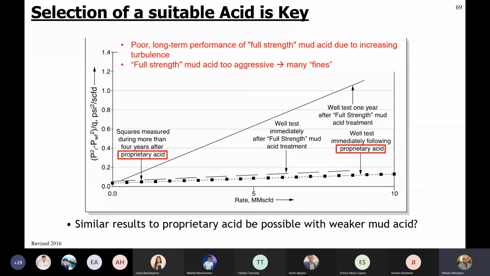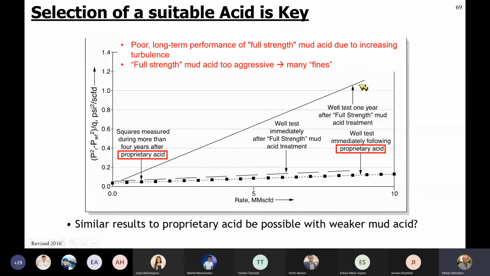So this is the full strength mud acid effect. So at some point after one, the effect of mud acid is decreased, or I mean, it worked poorly, because now again, to produce, for example, this amount of gas, we need much higher rate.